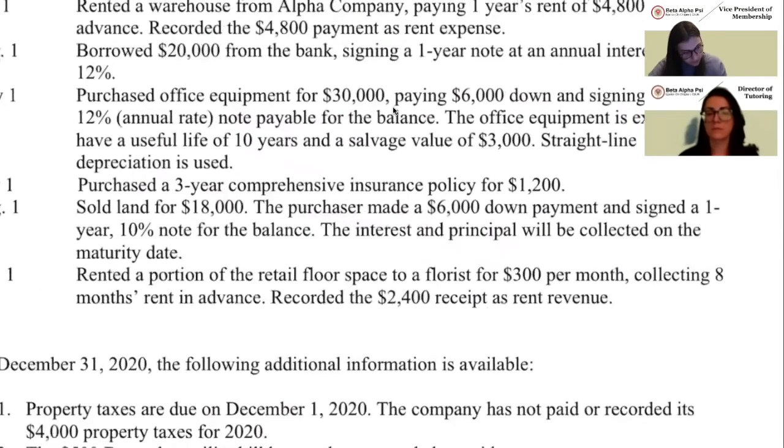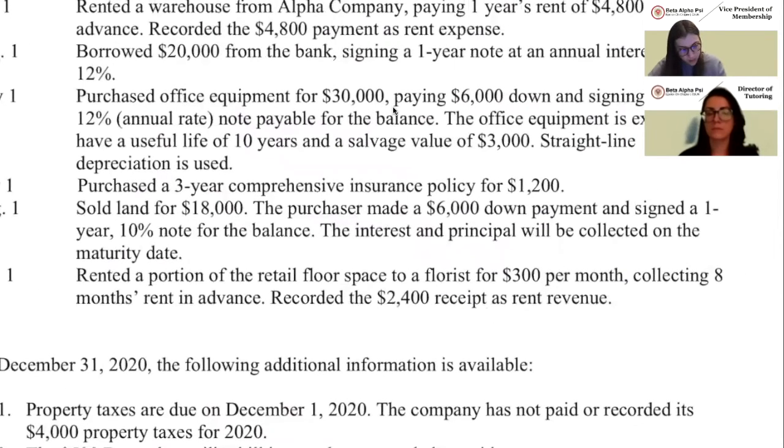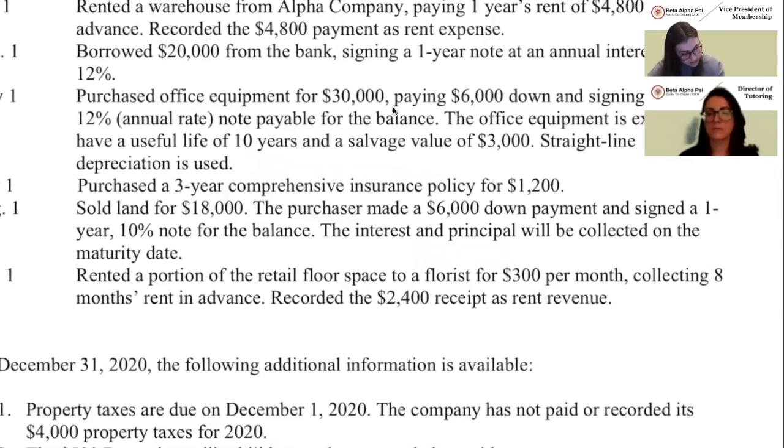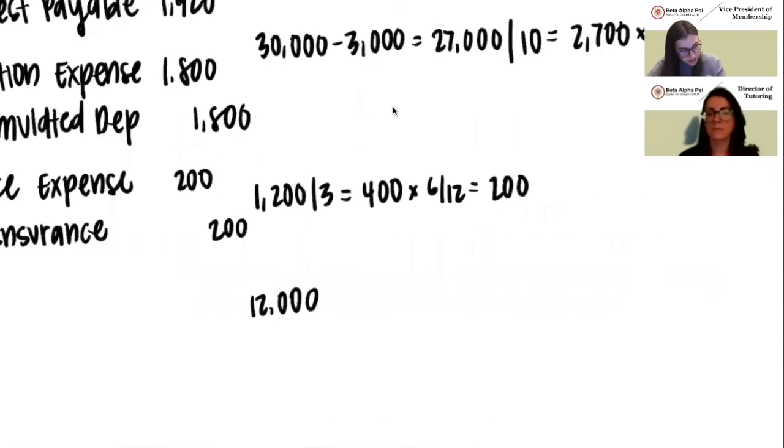The note that we issued them was not for $18,000 because they made a $6,000 down payment. It's going to be for $12,000. So a $12,000 note, and our interest rate is 10%. So we're going to multiply that by 10%.